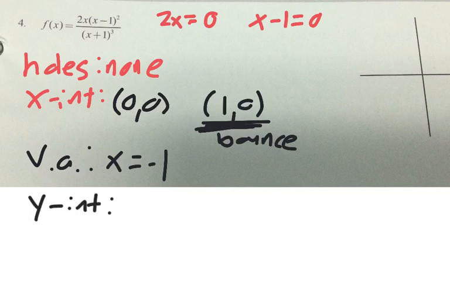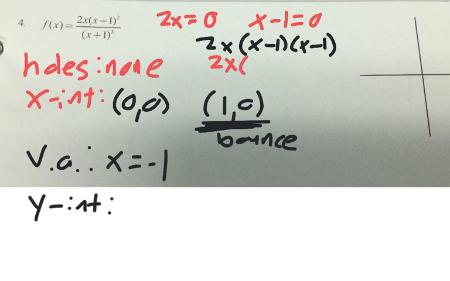Next, look for the y-intercept. So this is one of the rare cases. If you think about distributing in the numerator, 2x times x minus 1 times x minus 1, because there's a 2x out front. If I distributed the 2 parentheses first, that's x squared minus 1x, which combines to be -2x, and then -1 times -1 is +1.